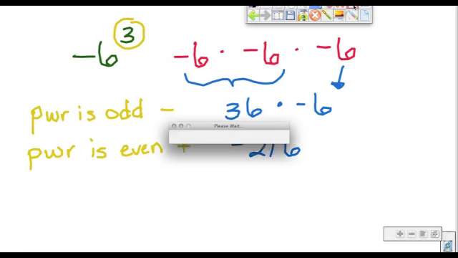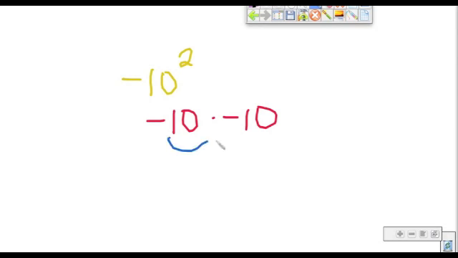So if we had something like -10 squared, well, that's going to be -10 times -10. All right, well, 10 times 10 is going to give you 100. And a negative times a negative is going to give you that positive. And again, it's because you have an even exponent.